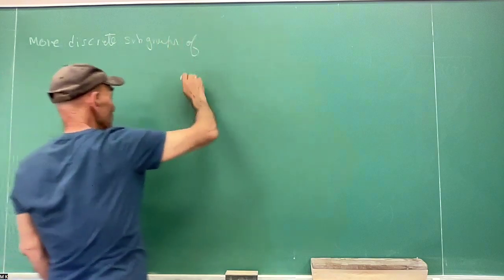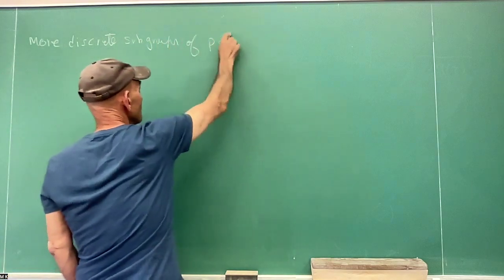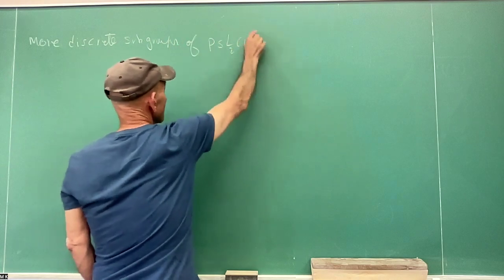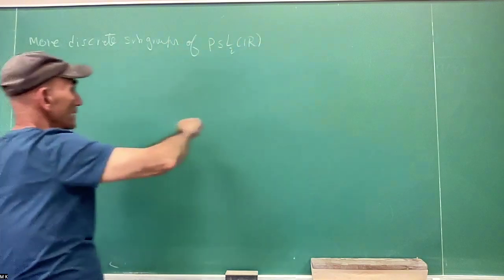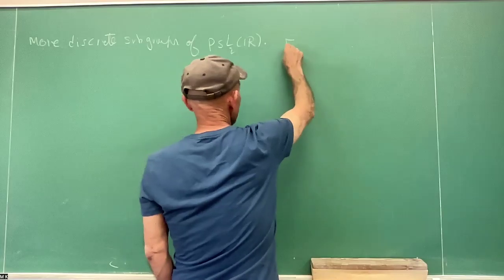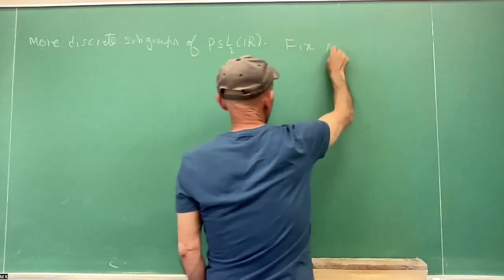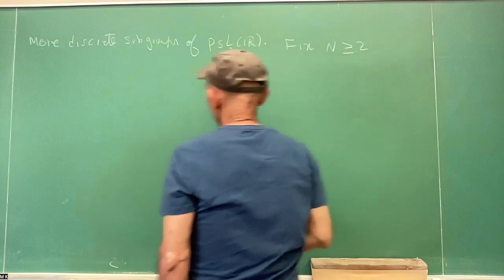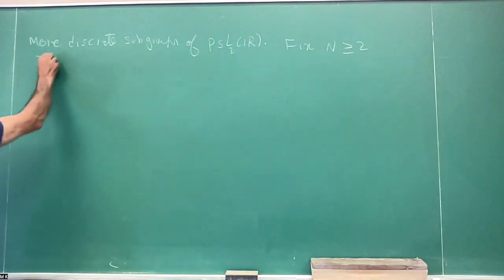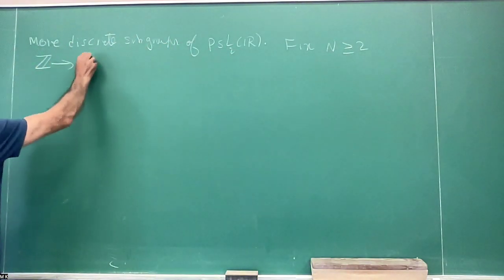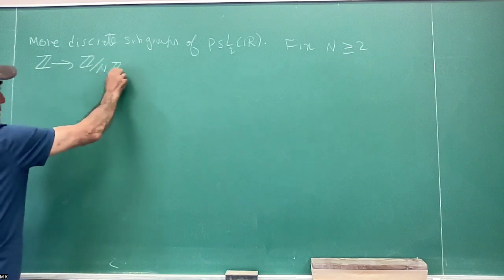More discrete subgroups of PSL2R. So I believe I started discussing this. I said fix n bigger than or equal to 2, an integer, and consider this map Z to Z/nZ.